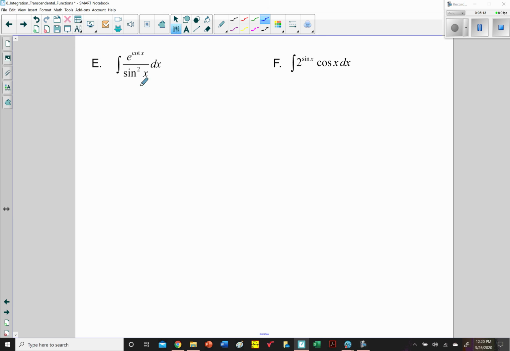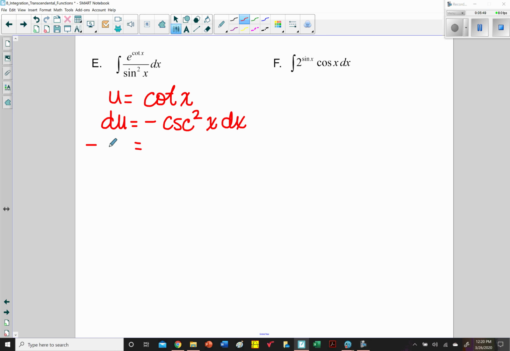Let's try this one. So maybe cotangent, because derivative of cotangent is negative cosecant squared, and I'm thinking about sine on the denominator is cosecant in the numerator. Follow along with that? If u is cotangent, du is negative cosecant squared, which is the same as 1 over sine squared on the bottom.